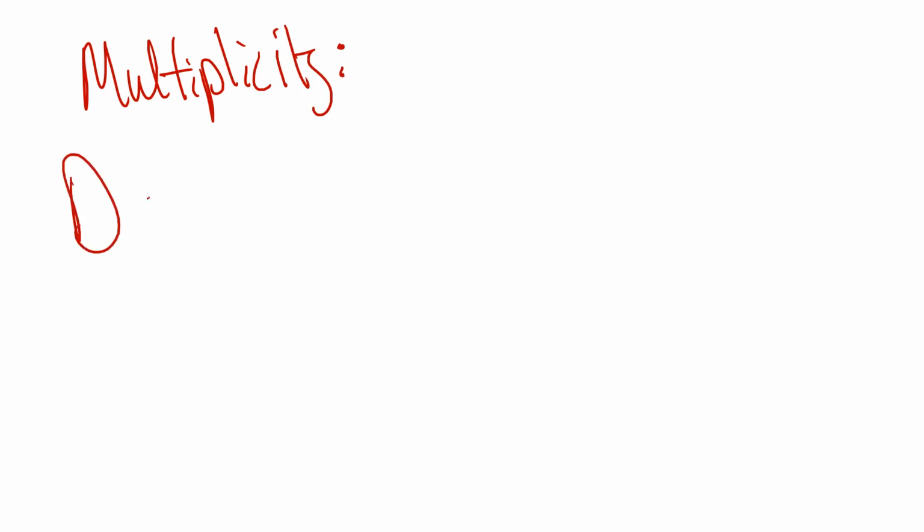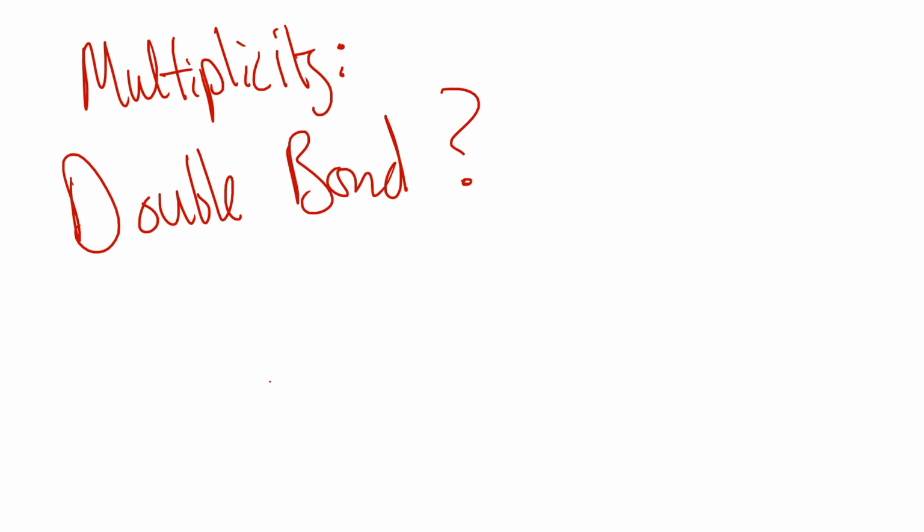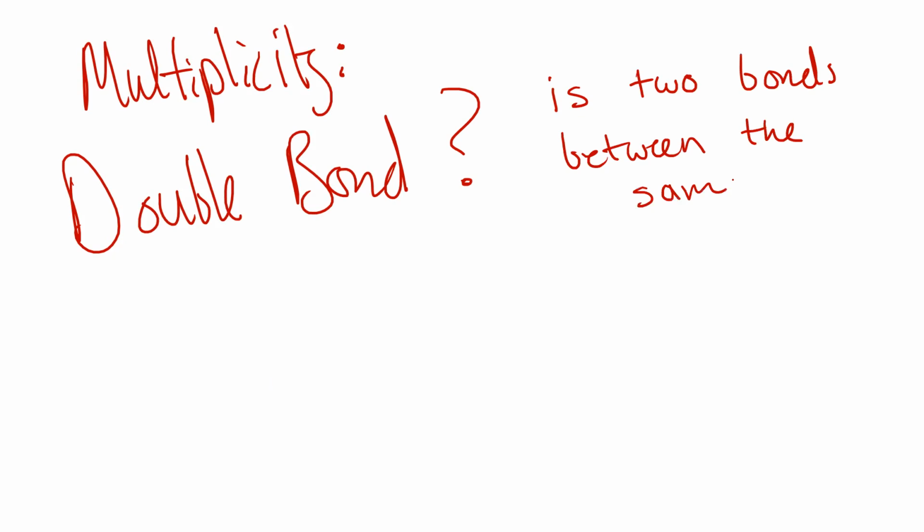Okay. What is a double bond? A double bond is two bonds between the same atoms. A double bond is like the name implies, double meaning two bonds, but it's still also a single double bond, just like a street between two locations can have one lane or two lanes, and it's still a single road, but it can have one lane or two lanes.